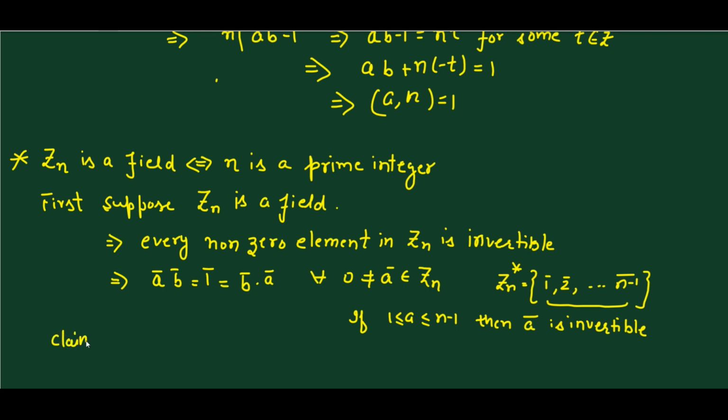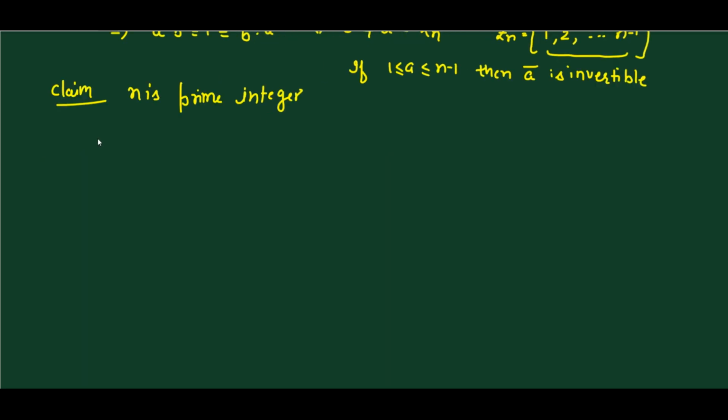Now we prove that. What is our claim? We have to show that n is a prime integer, and we prove this result by contradiction. So for contradiction, assume that n is not a prime integer. Suppose n is not a prime integer.